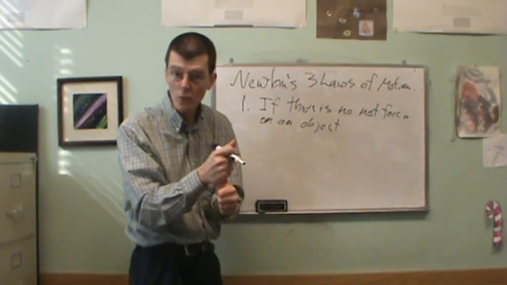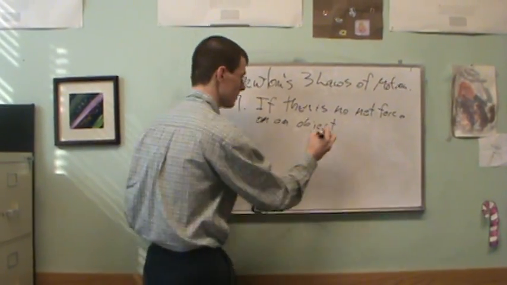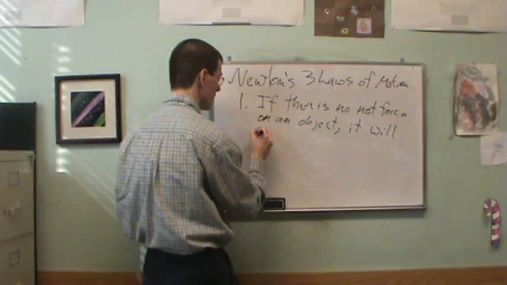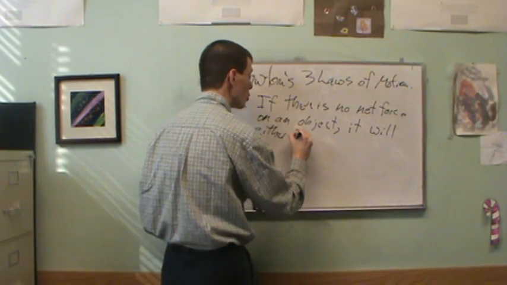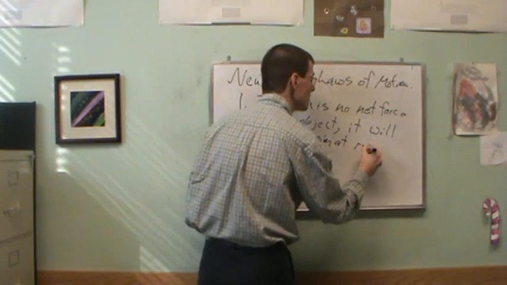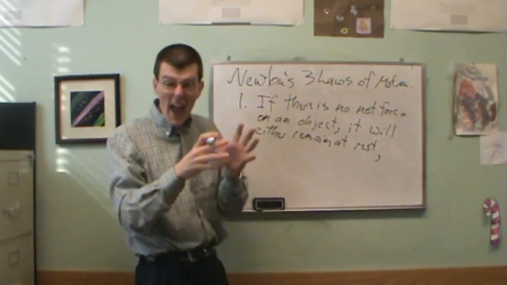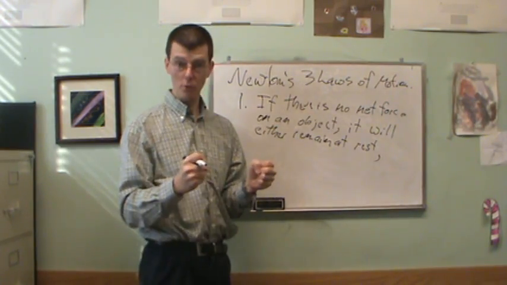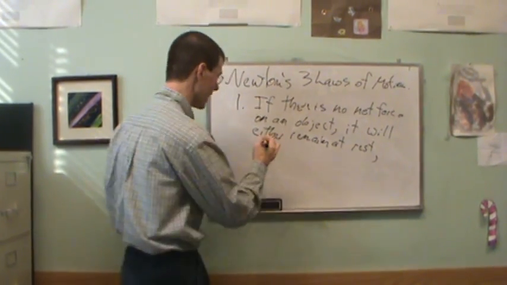Either, if it begins at rest, then it will remain at rest, or if it has some initial motion, if it's already in motion, then it will continue to move at a constant speed in a straight line.